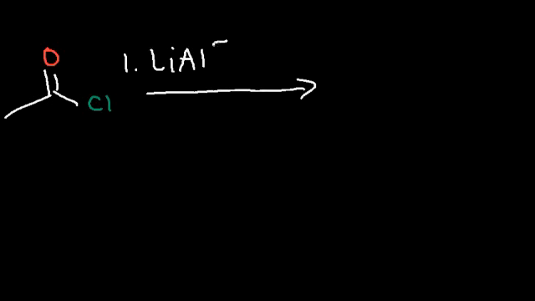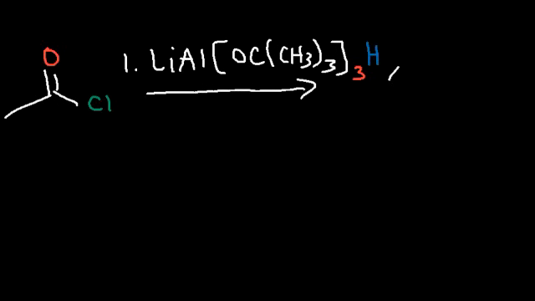Now let's say we have an acid chloride. Let's say you see a reagent that looks like this on a test, and the temperature is at negative 78 degrees Celsius.